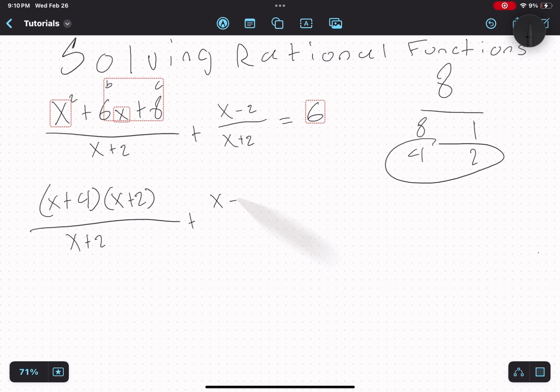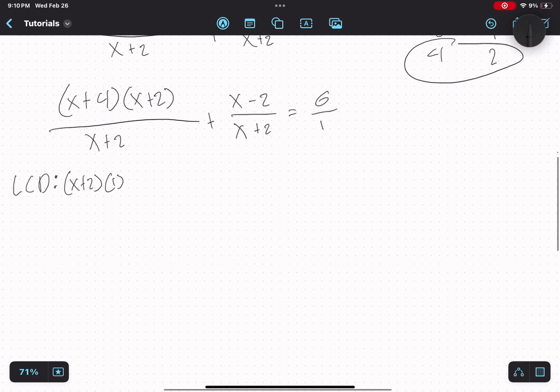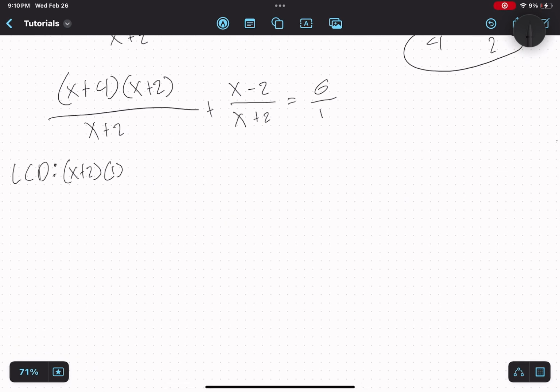plus x minus 2 over x plus 2 is equal to 6. And again, we're going to put it over 1. And identifying our LCDs, again, since we have two denominators that are the same, we will have two LCDs. So our LCDs will be x plus 2 and 1. So what will that look like in our equation?